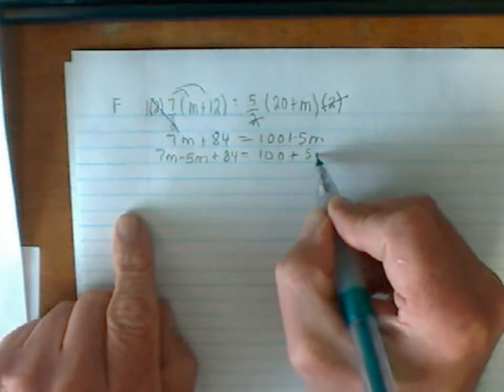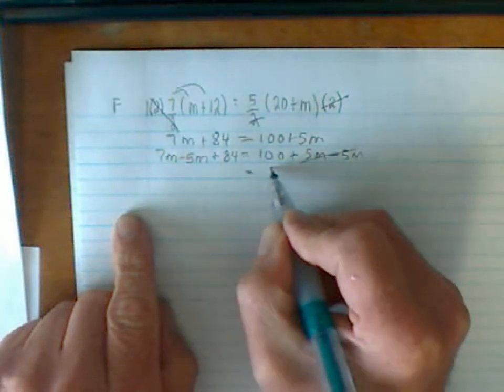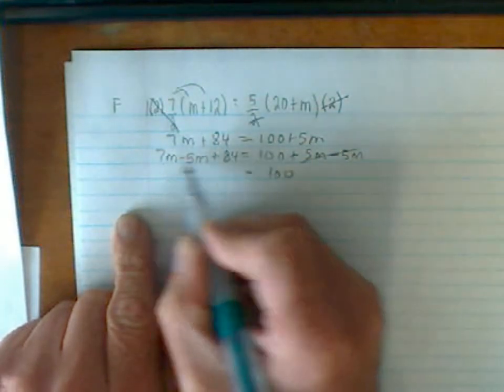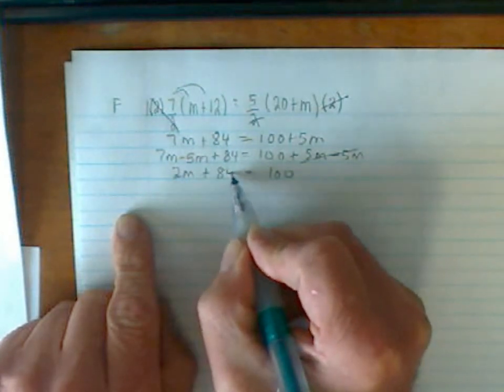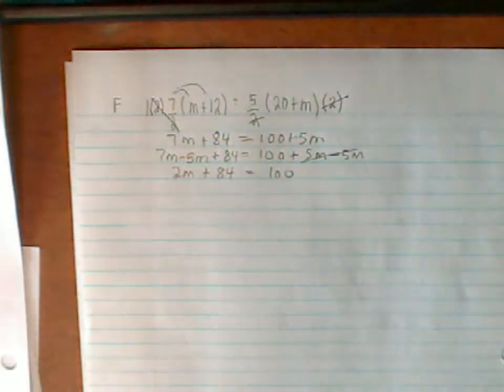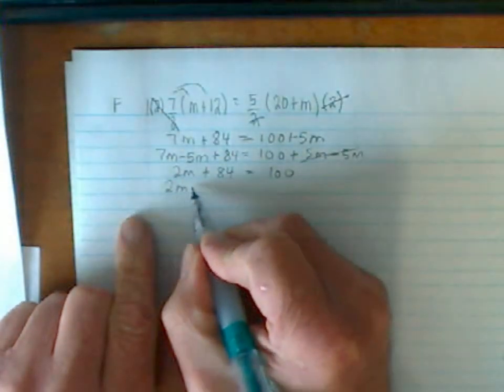And we need to subtract 5m here as well. 7 take away 5 is 2m plus 84. So what we need to do is subtract 84 from both sides.